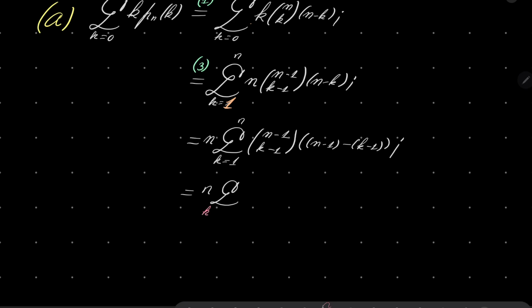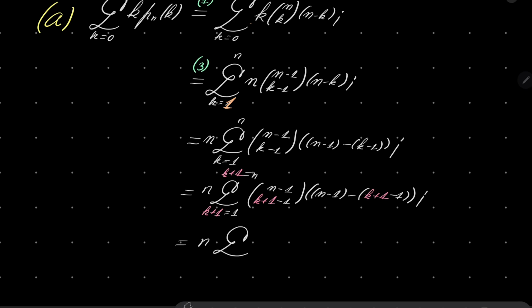So this time k plus 1 goes from 1 to n, and here we have n minus 1, k plus 1 minus 1, n minus 1 minus k plus 1 minus 1 subfactorial.